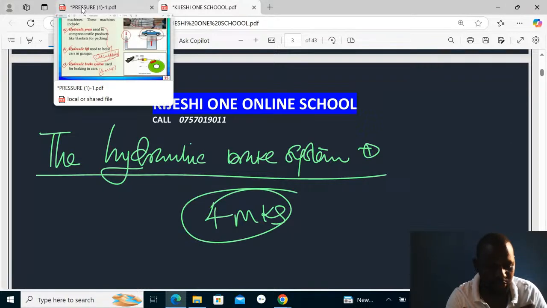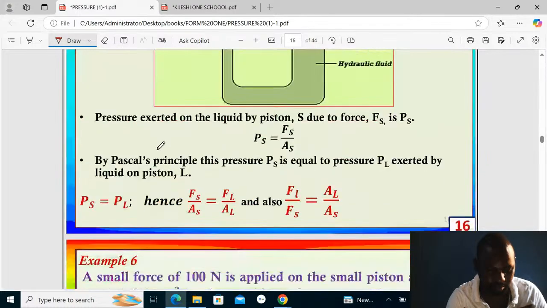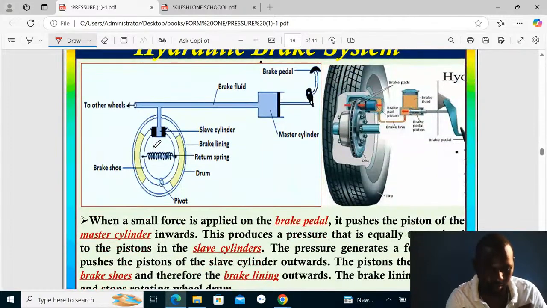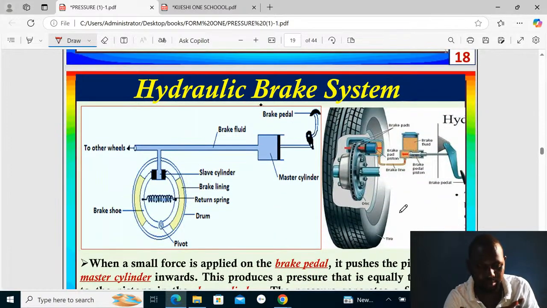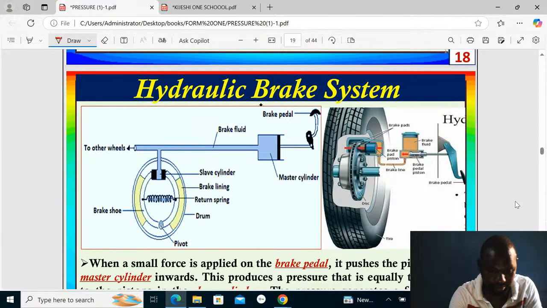Therefore, allow me to show you the hydraulic brake system. Here is the hydraulic brake system. You can see it clearly from my side.